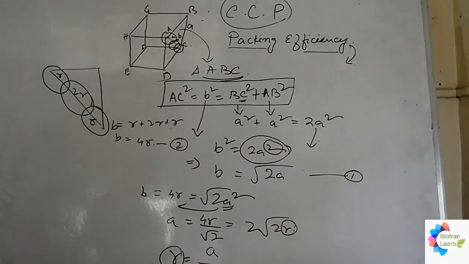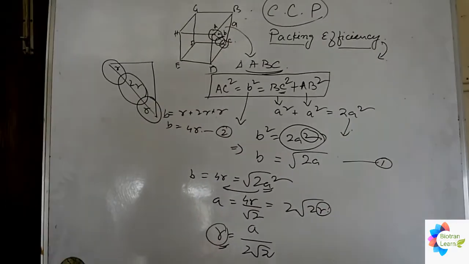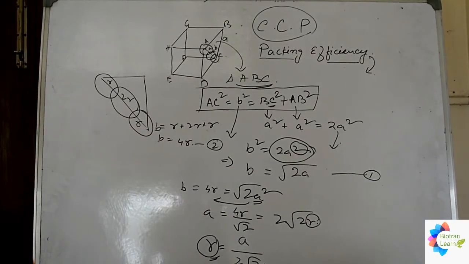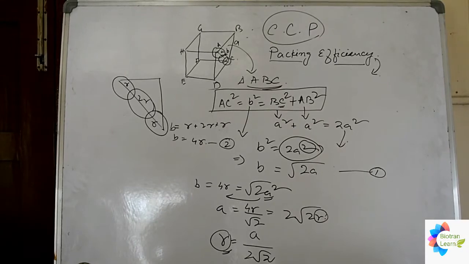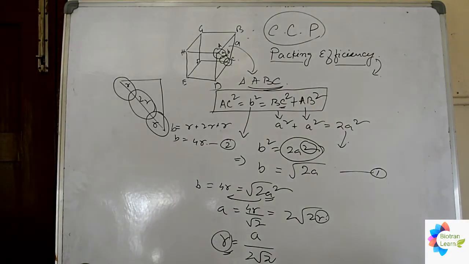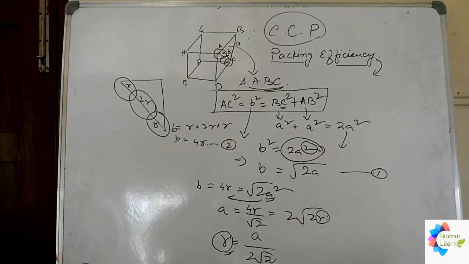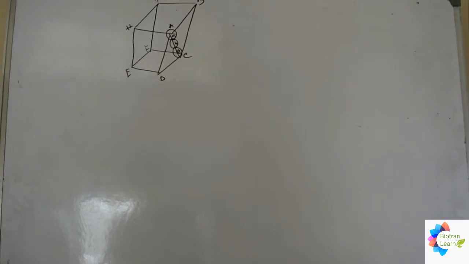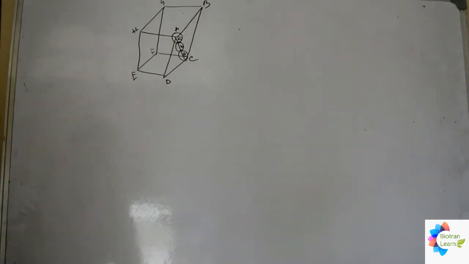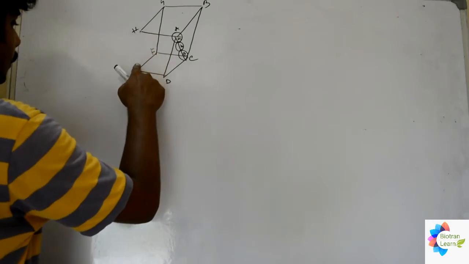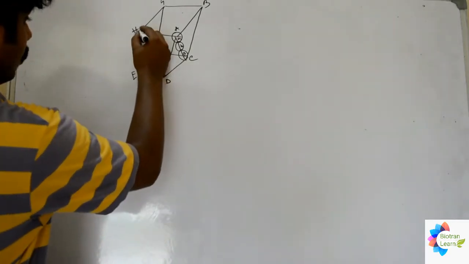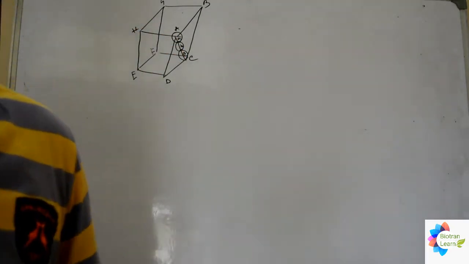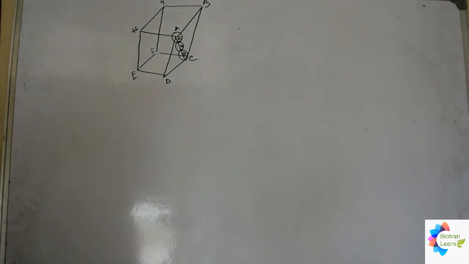Okay, so let's put it back together. Now, in this particular section, we will be discussing the structure of CCP. How, in case of CCP, the atoms are closely arranged, right?